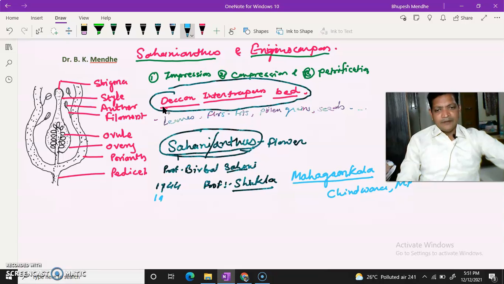Later, in 1950 to 55, another paleobotanist, Dr. Chitale, also described this fossil.